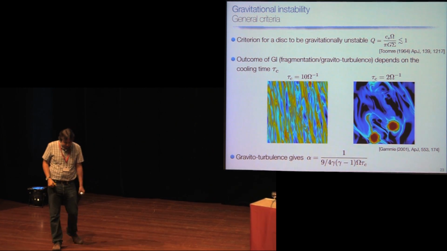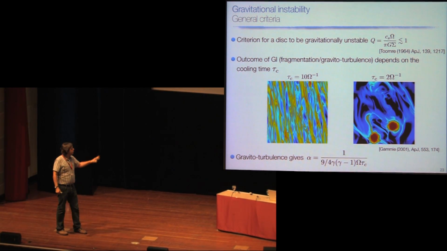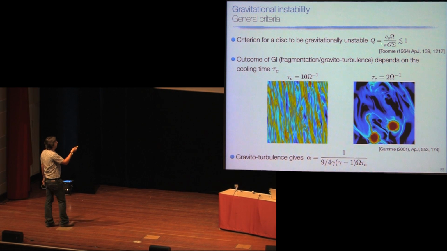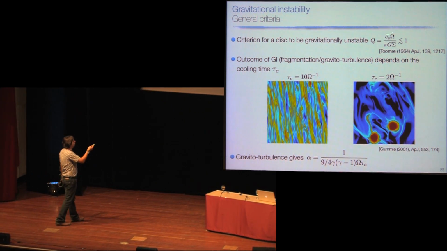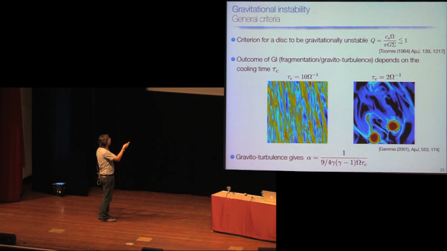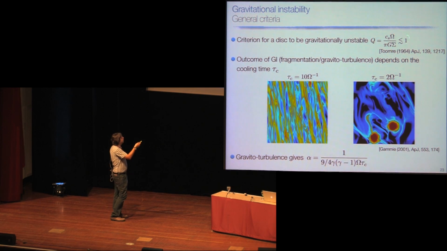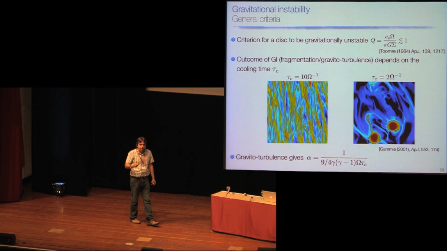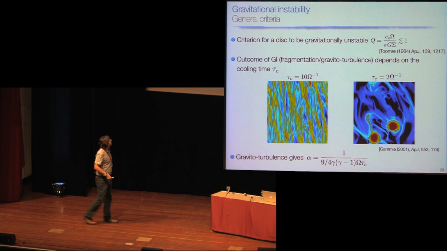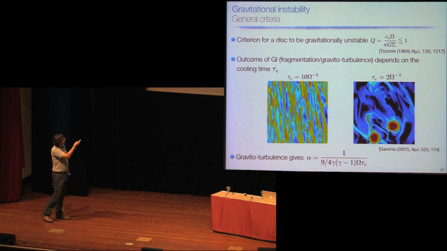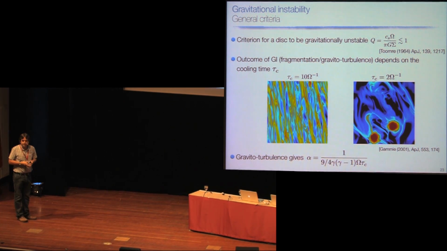In a toy disk, you will get a Q value smaller than 1, provided that the temperature is small, so namely the sound speed is small, you have a large enough surface density, and omega is small enough, which means technically you have to be in the outer parts of your disk, typically above 10 AU. So that's the criterion to get the gravitational instability.